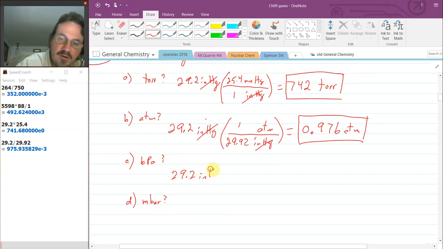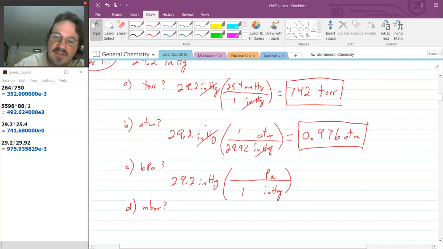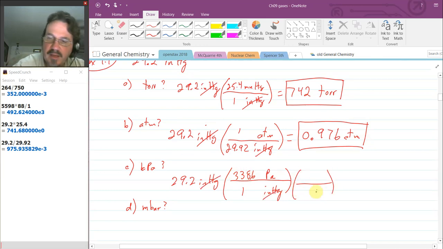29.2 inches of mercury as usual. Inches of mercury on the bottom, so it cancels. Pascals on the top. 1 inch of mercury is, again, 3386 pascals. So that cancels, and now if I want to go from pascals to kilopascals, there's 1,000 normal little pascals in 1 kilopascal. So that cancels.